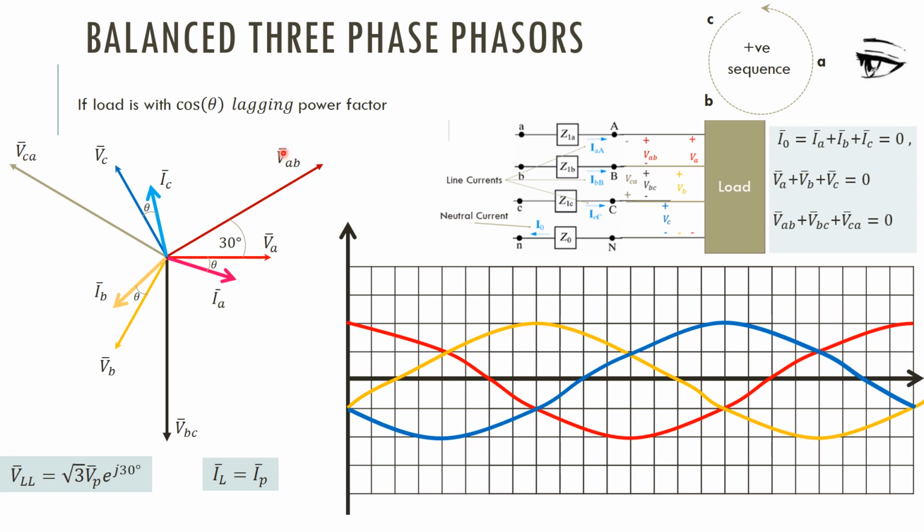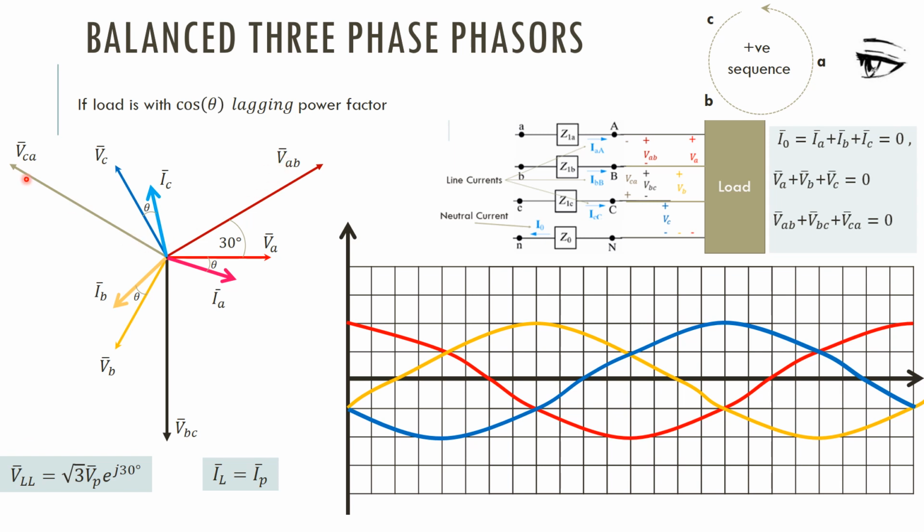The VA and VB magnitudes are the same, but the angle between VA and minus VB is 60 degrees. So VAB will be in this direction with a 30 degree phase shift and a root 3 magnitude transformation, right? So you will get VAB.